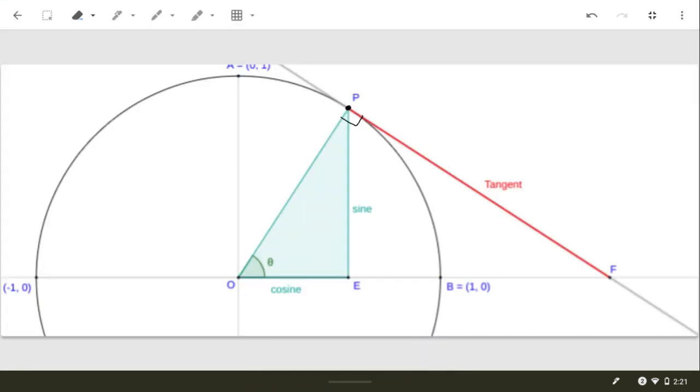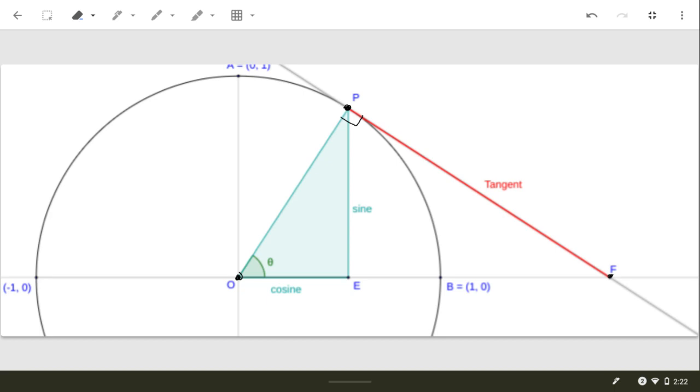And because of that, we end up with a nice new right triangle here, right? Triangle OPF. I know we've got two right triangles going on this time, which makes it kind of funky to think about.